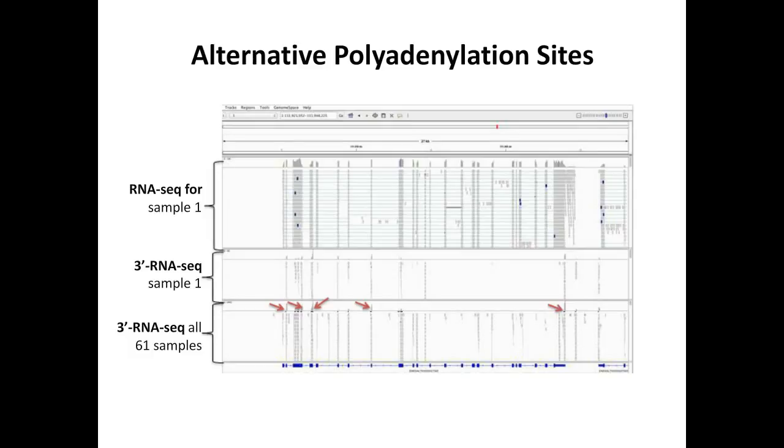So based on this graph, we can see even in one single sample there are multiple sites of polyadenylation. Part of it can be because of alternative splicing, and part of it could be because of usage of the 3' UTR. So with 3' RNA-seq, we could also figure out the alternative polyadenylation sites in the transcripts of the genes.